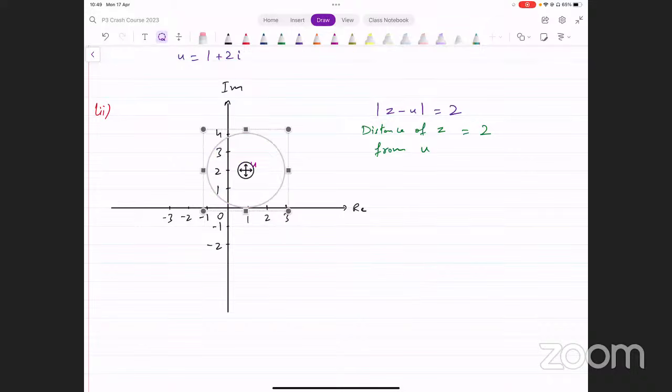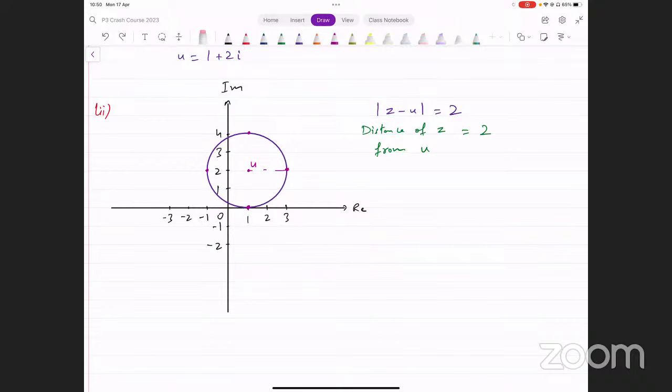On your diagram, your circle should pass through these points. So this point where you have 1 and 4, and then this point, because these are all 2 units away, right? So this is 2 units away. This point is minus 1 and 2. And then this point, 1 and 0.